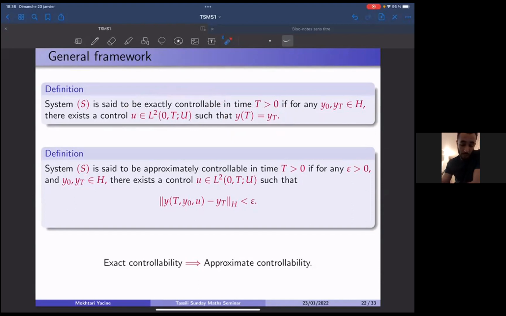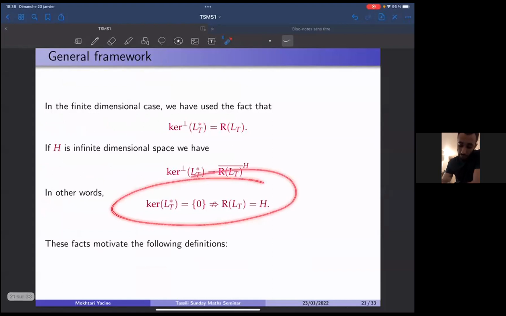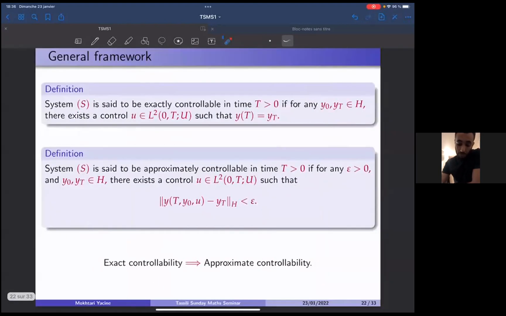The second one, which is motivated by this fact here, is called approximate controllability. So my system is said to be approximately controllable in time T, if for any epsilon and for any y0, yT, I can find a control u such that the distance between my solution and the target state is less than epsilon. For the finite dimensional case, if I start from y0, I can reach yT if such a control exists.